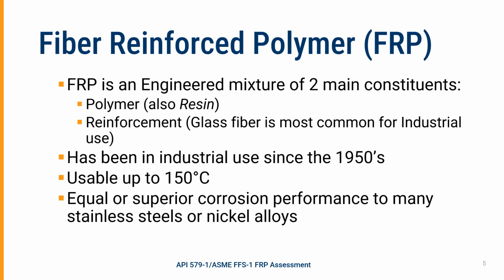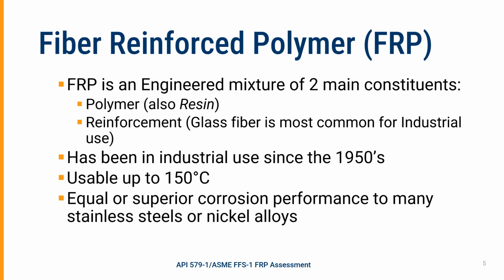It has been in industrial use since the 1950s. By comparison to steel, which is 1,000 years old, and concrete, which is fully 2,000 years old, this has only been in use for about 75 years. It's a baby of the materials.